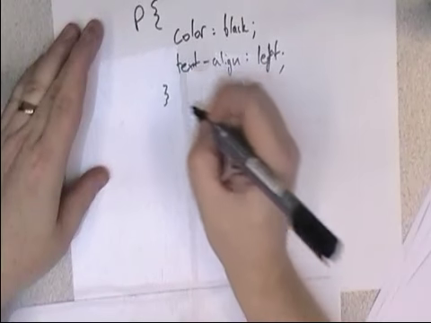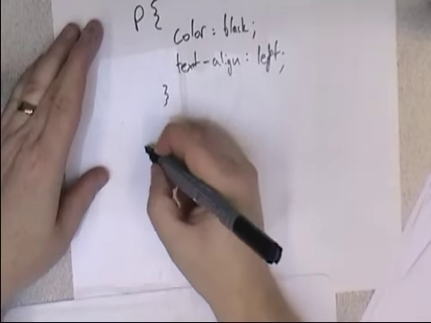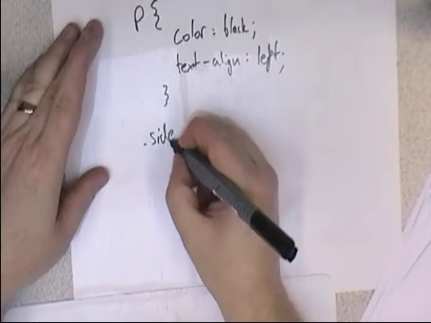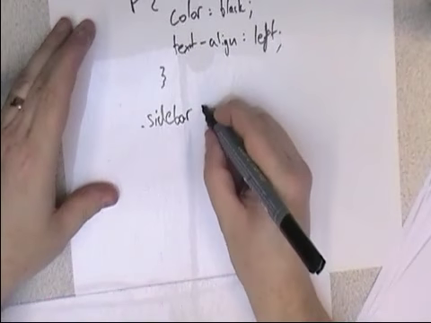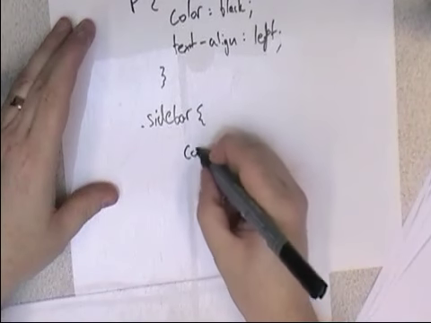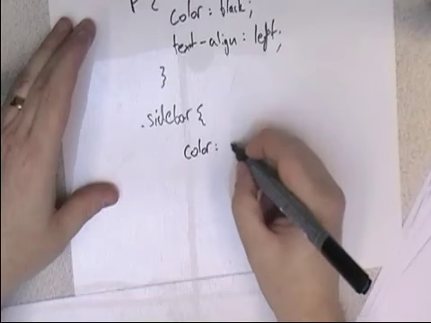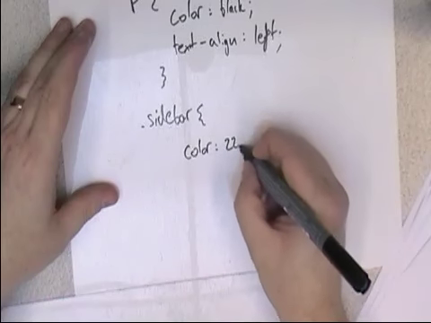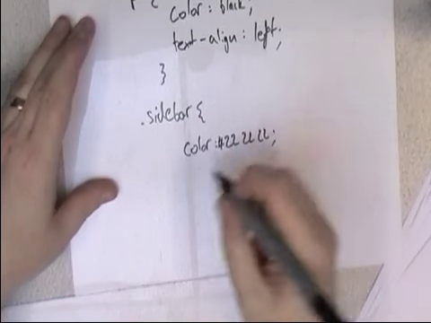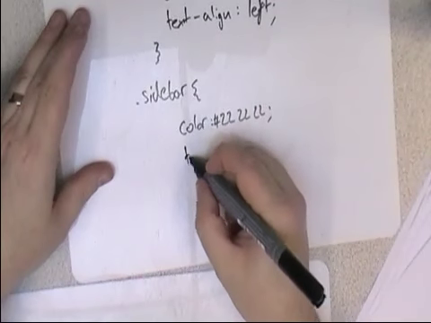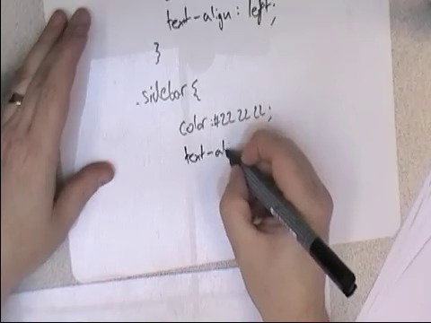Okay, but my sidebar, you just put a dot there, that means it's a class. So anything that's of class sidebar, however, is going to be of colour, very slightly lighter, so I'll have 222222. And the alignment is going to be to the right.